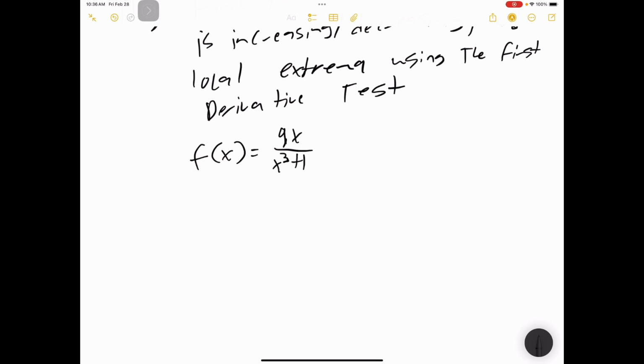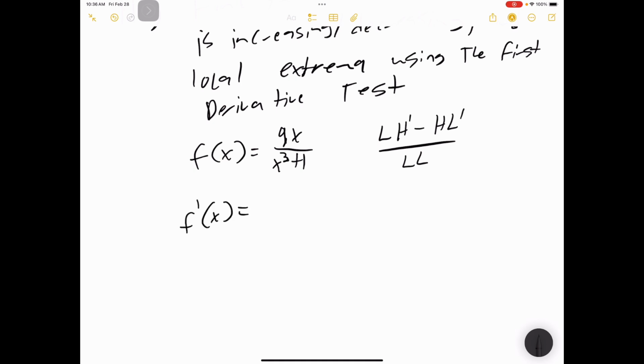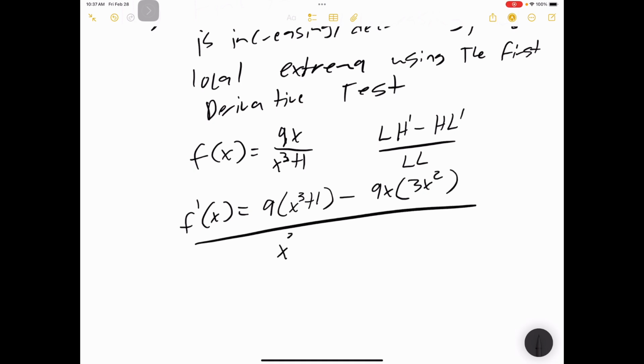We'll use the quotient rule, which is low d high minus high d low all over low low. F prime of x then is going to be low d high, 9 times x cubed plus 1, minus high d low, 9x times the derivative of the bottom function here, which is going to be 3x squared, all over low low, which is x cubed plus 1 squared.